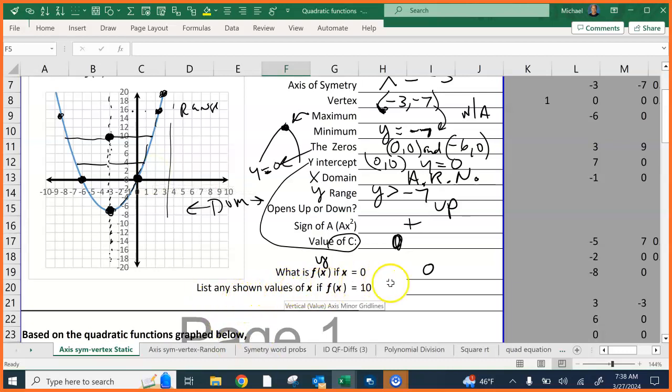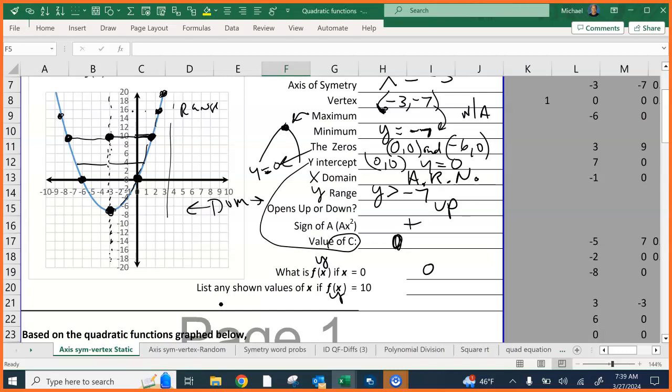Now, the next part's a little bit trickier, at least in the beginning. It says, list any shown values of x if f of x or y is equal to 10. So there we have to go to 10, which I already did. Here's this point where f of x or y is equal to 10 on the graph. So what is the value of x at that point?